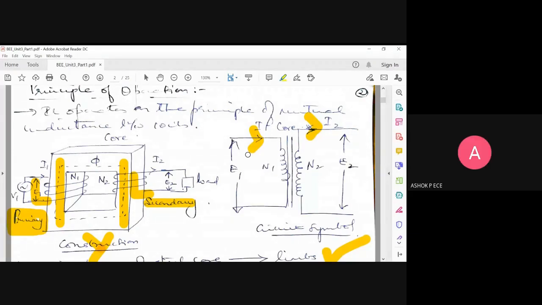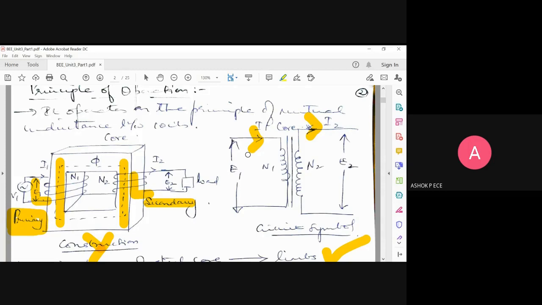Not necessarily. Whenever a current flows through a wire, you have a magnetic field created. So when current flows, automatically there will be magnetic flux, independent of whether it is AC or DC.